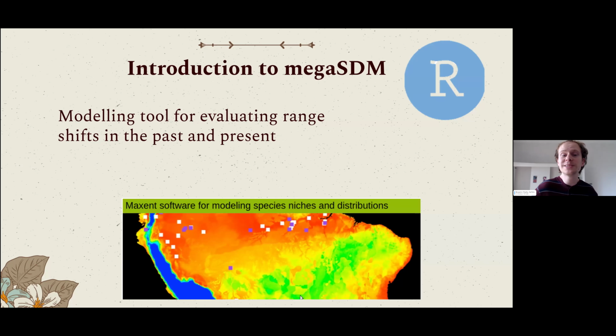This modeling tool is specifically developed to evaluate range shifts in the past and present, and it uses the Maxent software, a machine learning algorithm, for the actual modeling. But you can input other models if you have given them as well.